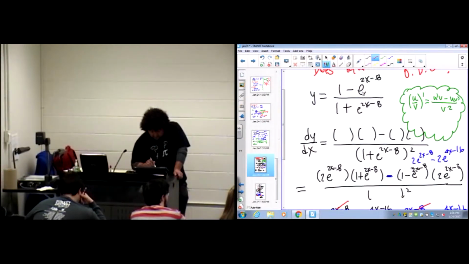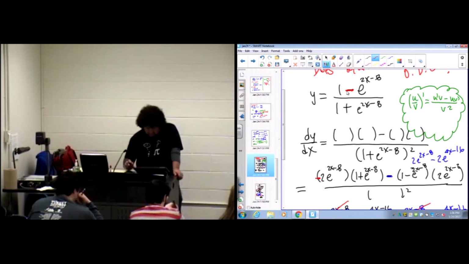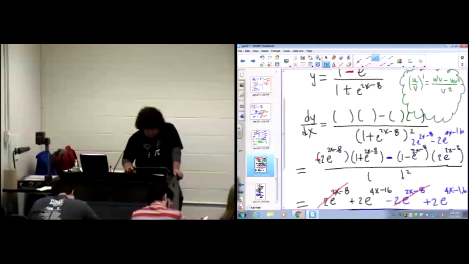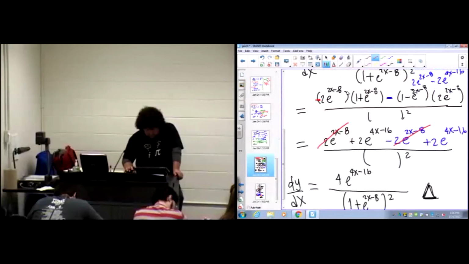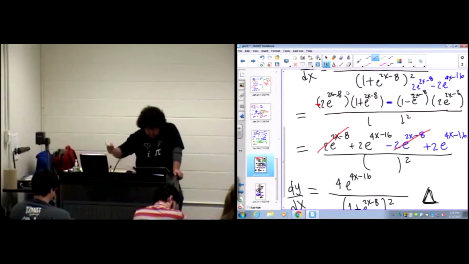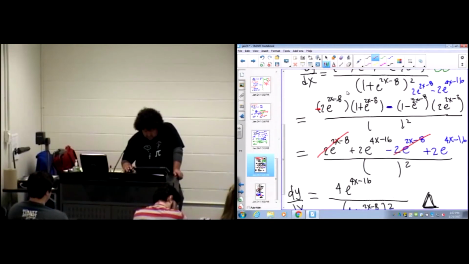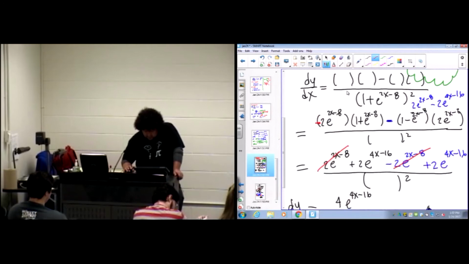So the derivative of this numerator here, there should be a negative. It's 2 times that, but there was this negative, right? So then there will be this here. And I think that's what causes it.